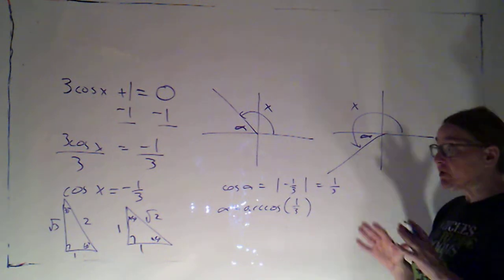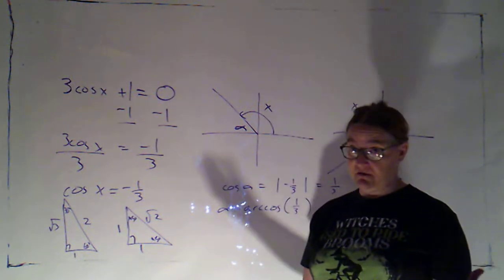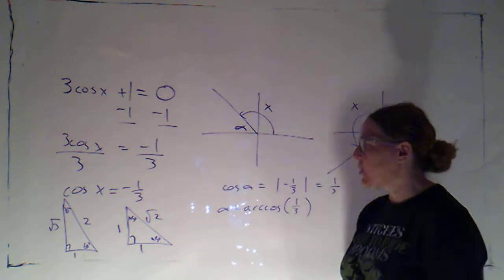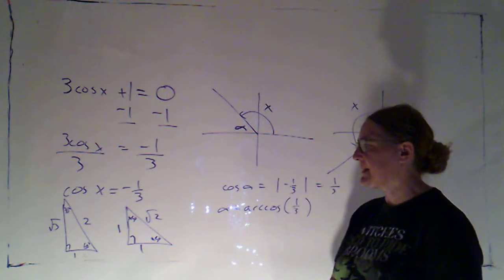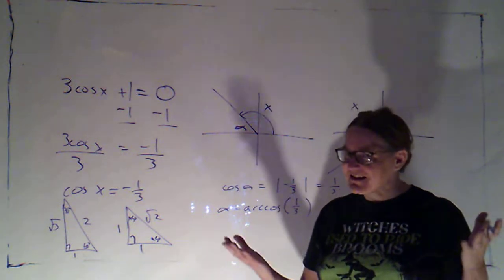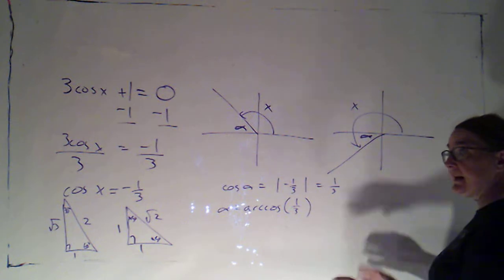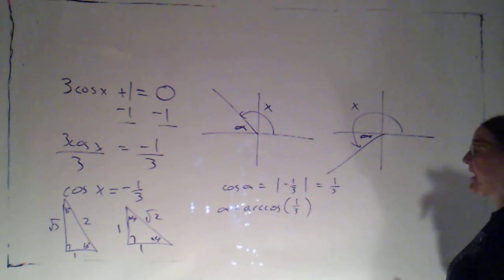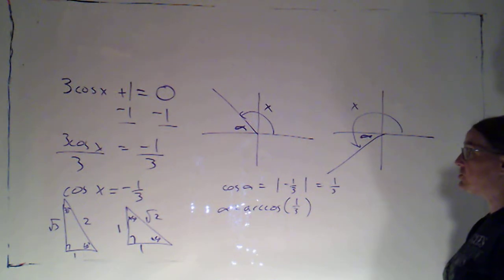I want to be able to recognize when I get an angle that I can describe without inverse trig, and I should do that. So when I had 45 degrees, which was pi over 4 in the last example, I didn't leave that as arc sine of root 2 over 2. If it's nice like that, I should be able to evaluate that. But if I'm not going to get pi over 6, pi over 4, or pi over 3, I'm going to describe the reference angle in terms of inverse trig.